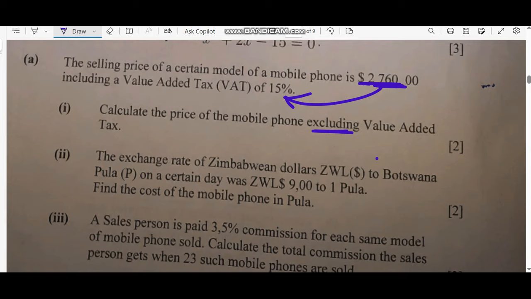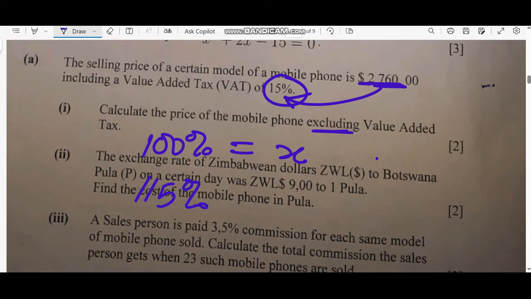So obviously the cost price of a mobile cell phone is 100%, but with the 15% added it will be 115%.